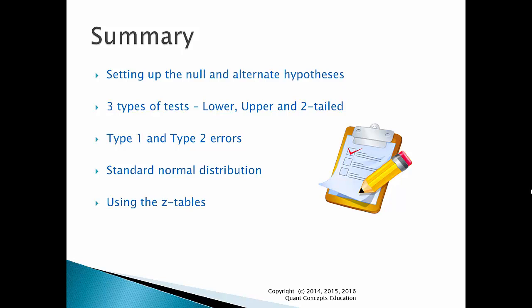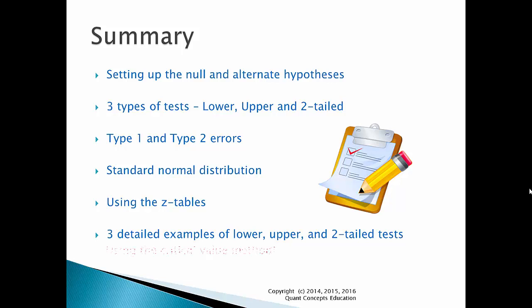This is the most common Z-Table in textbooks. However, I also showed you how to use an alternate Z-Table if needed. Finally, I worked through 3 detailed examples of lower, upper, and two-tailed tests. Keep in mind, we used the critical value method. There are 2 other methods I'll show you in the next lecture. I used the critical value method today because it's the most intuitive method out of the 3.